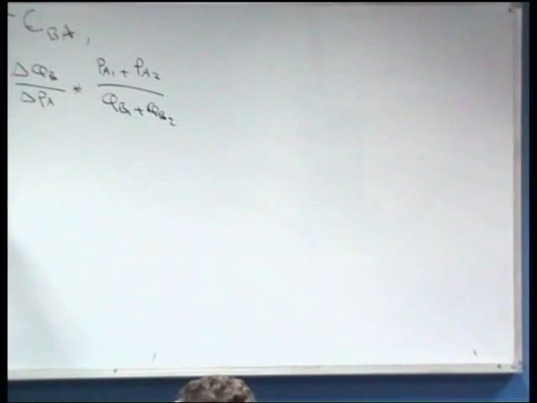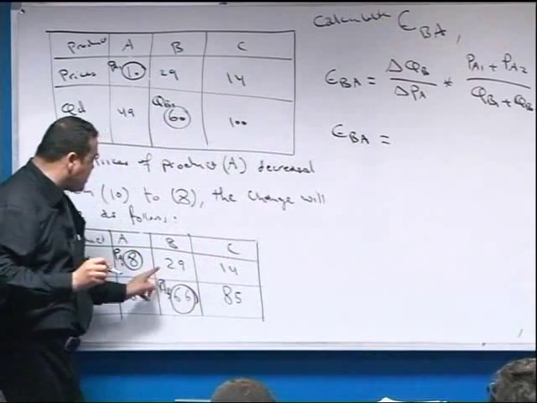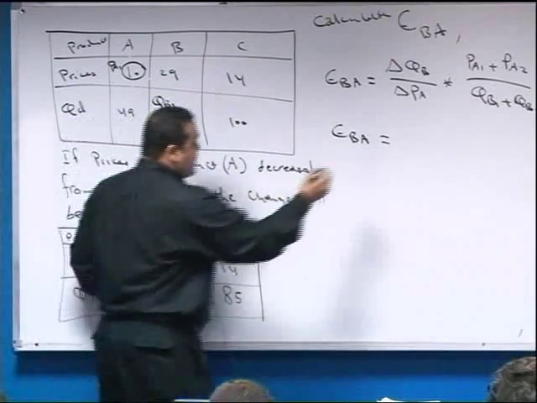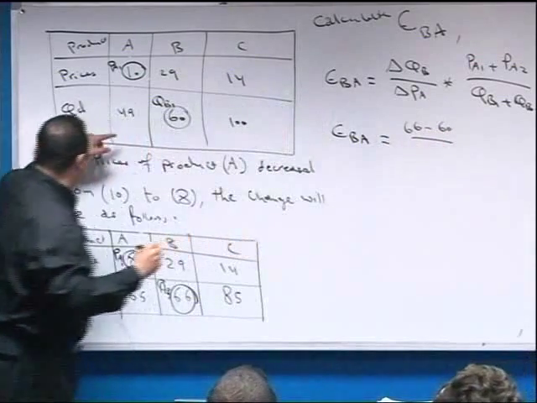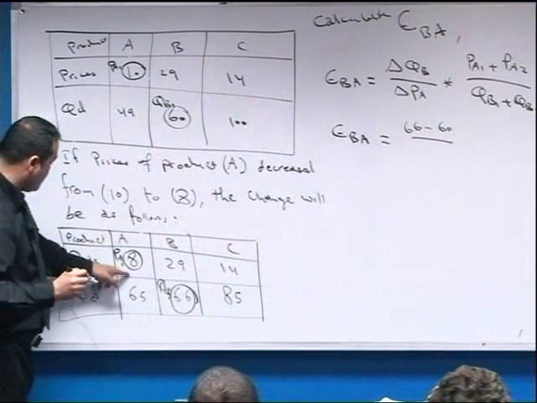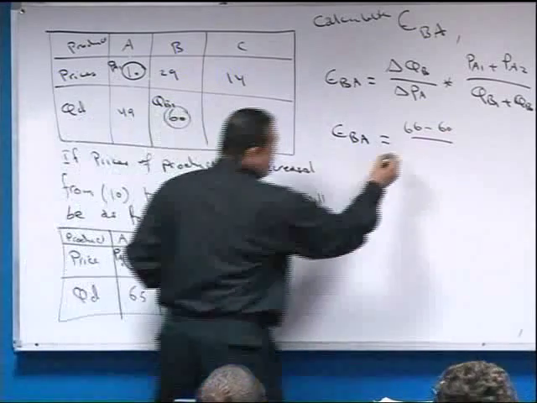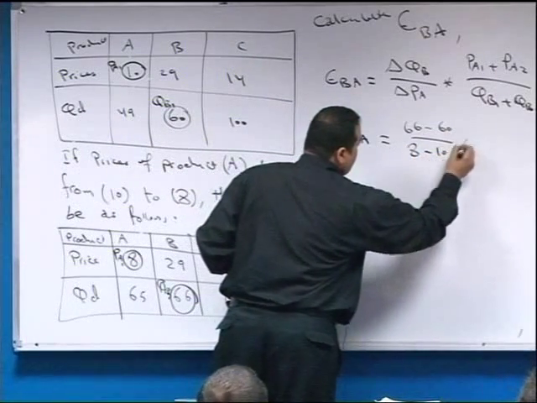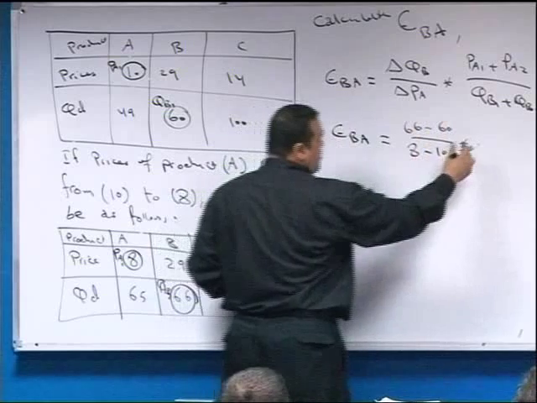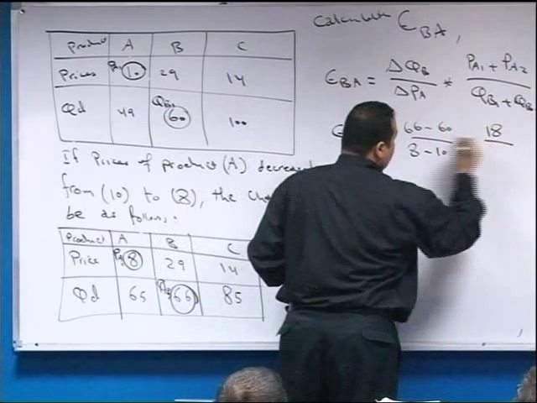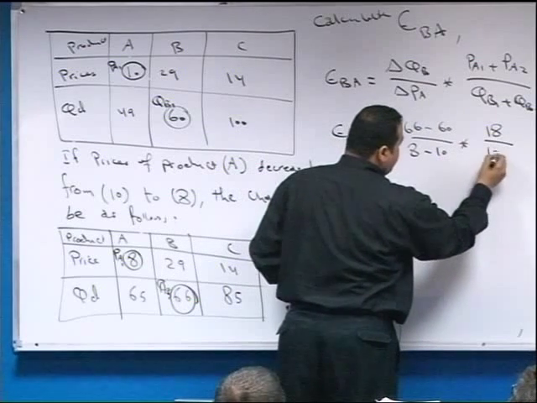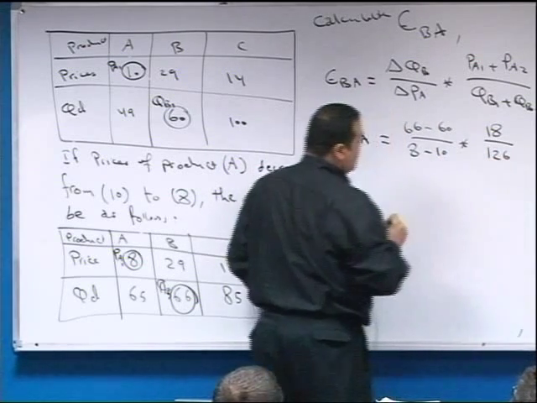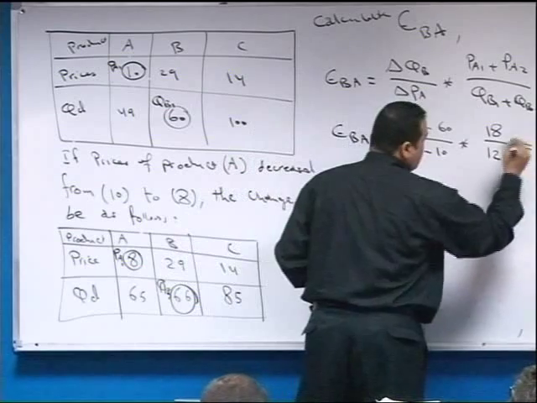So EBA equals QB2 minus QB1, 66 minus 60, over PA2 minus PA1, 8 minus 10, times the summation of the prices, 18, over the summation of quantity, 126, equals how much?